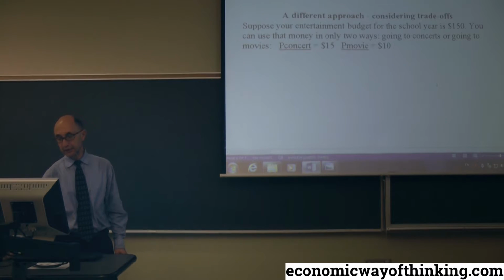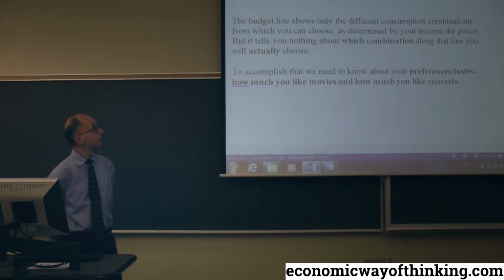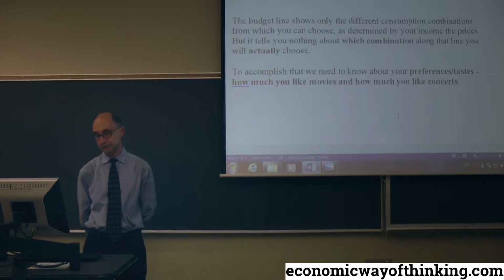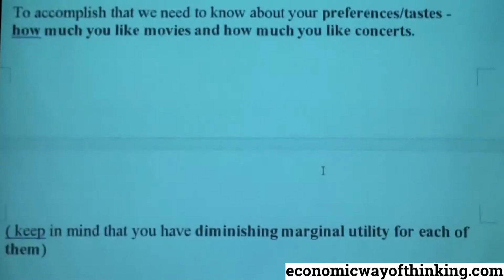So what do we need to add to solve this task? To accomplish this task, we need to know something about your preferences. How much you like movies and how much you like concerts. So how do you approach that problem?